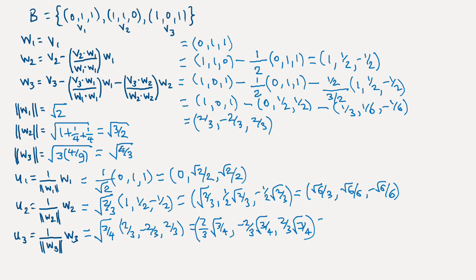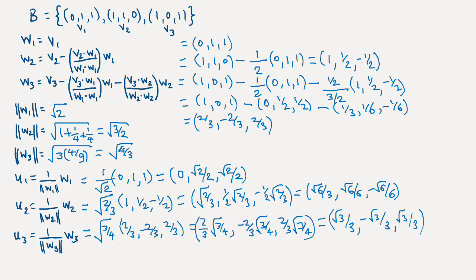And again, I don't really like having square roots in the denominator here, so root 4 in the denominator will cancel with the 2 in the numerator, so that's going to end up being root 3 over 3, and minus root 3 over 3, and root 3 over 3.